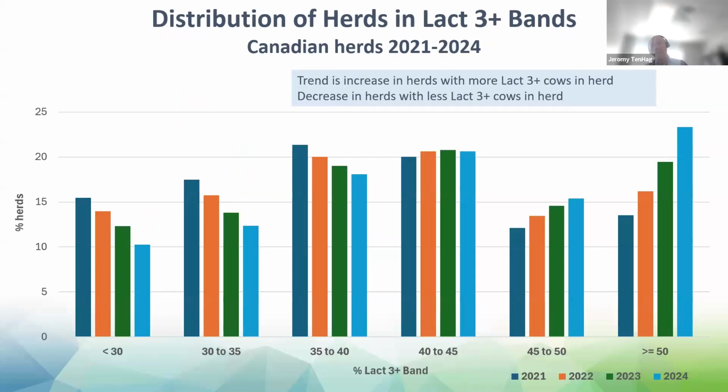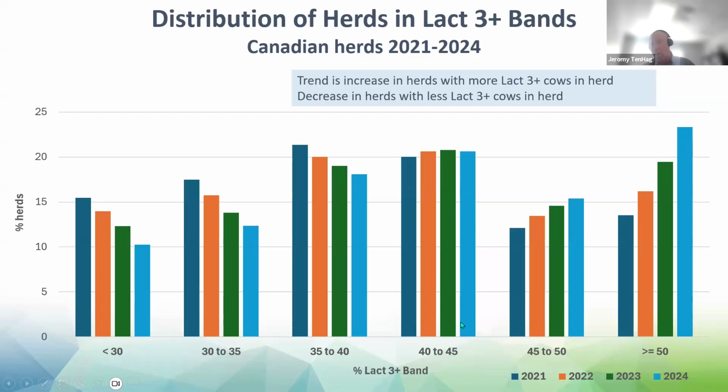And just to show you trends, this is a kind of interesting slide, really. In a lot of my slides going forward, you'll always see that there's sort of 6 categories based on the x-axis here. And these 6 categories will indicate the percent of the herd that is lactation 3 plus. So on the left-hand side of this graph, these are the herds where there's less than 30% of the cows in lactation 3 plus.